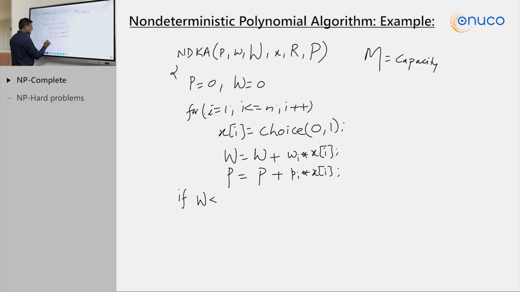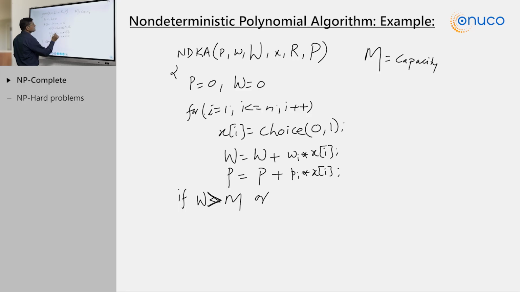If the calculated W is greater than the capacity M, where W is the calculated weight and M is the capacity of the knapsack, meaning the capacity of the bag, it should not be more than the capacity of the bag. If it is, it is a case of failure. This should not be more than M.